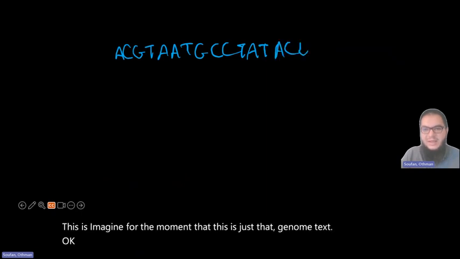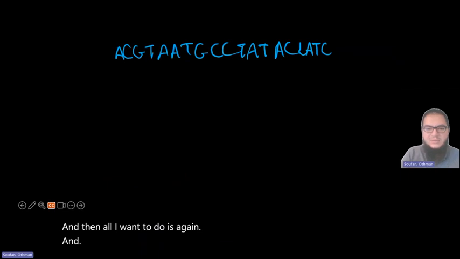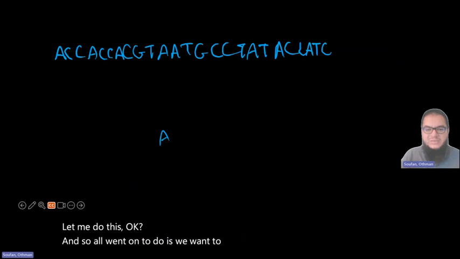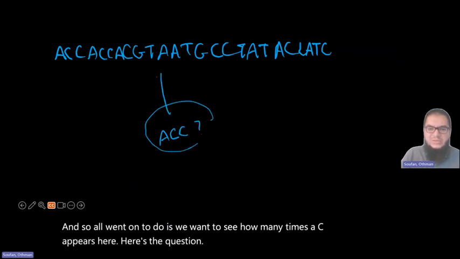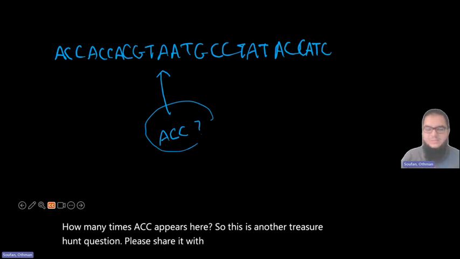And all we want to do is see how many times AC appears here. Here's the question: how many times does ACC appear here? So this is another treasure hunt question. Please share it with me. I'm going to give you a moment.